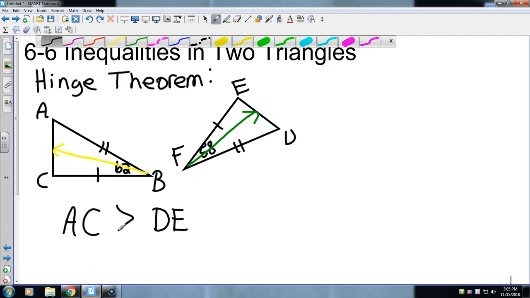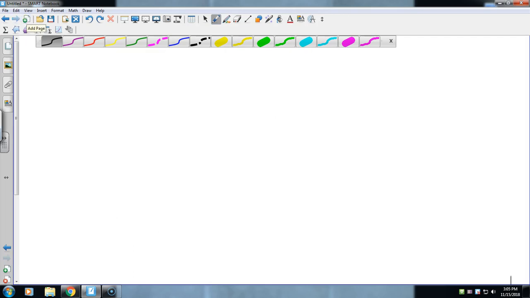Now, there's the converse of the hinge theorem, and the converse has to do with, instead of two sides and an angle, it would have actually a third side. So let me draw the converse hinge theorem.